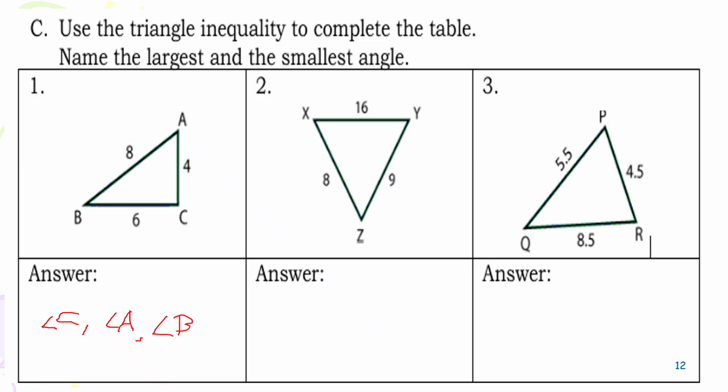It's the opposite. And A is 6 and B is 4. Okay, so that's the order. Now in here, we have angle Z, angle X, and angle Y. Okay, that's it. And in here, we have angle P, then angle R, and angle Q.